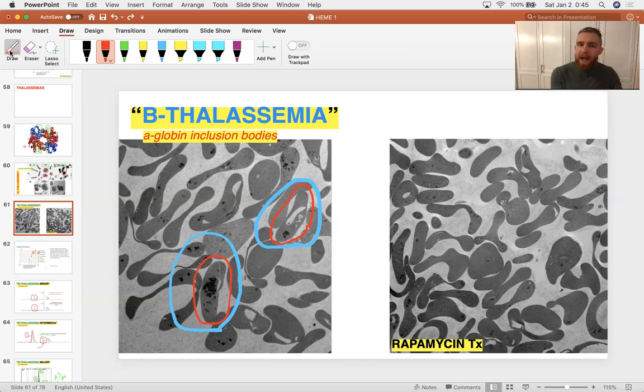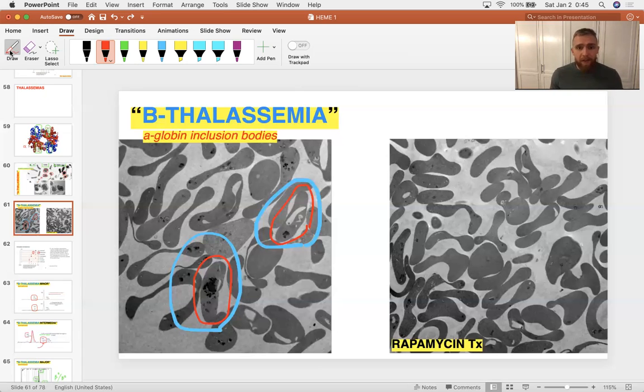So can you imagine that for a thalassemia, whether it's alpha or beta, because you have this problem of making too much of the other globin protein, anything that stops protein synthesis is going to slow down the rate at which you create these proteins that just get stuck in inclusion bodies and aggregate inside your blood cells.